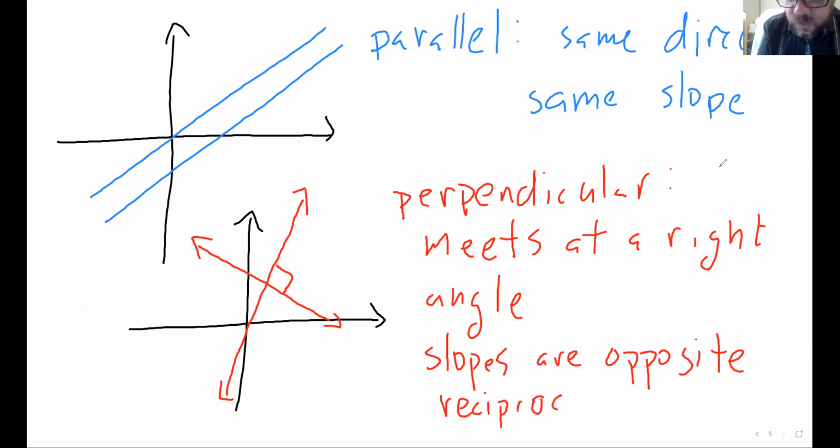Oh, my handwriting. Sorry, I never had very good handwriting, and it's deserting me here. So that's what the relationship of the slopes are for parallel and perpendicular lines. Parallel is really easy. It's just the same. Perpendicular, you have to remember that it's opposite reciprocal, and again, that's just something to memorize.